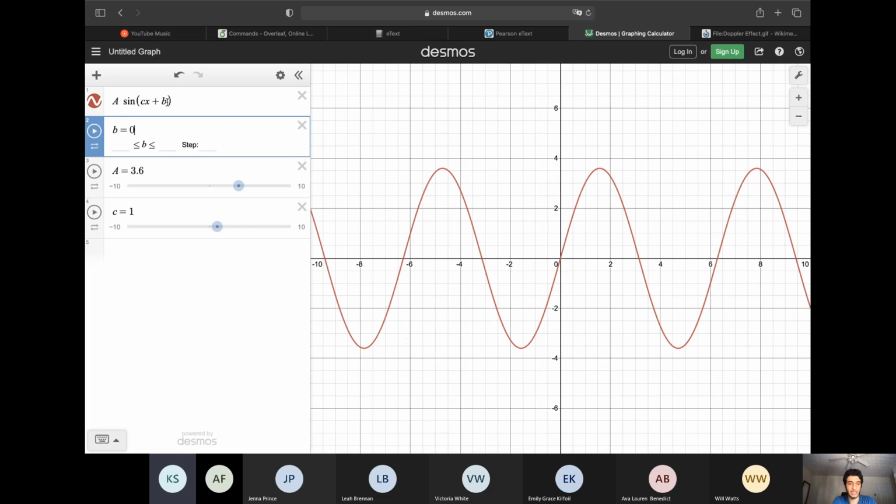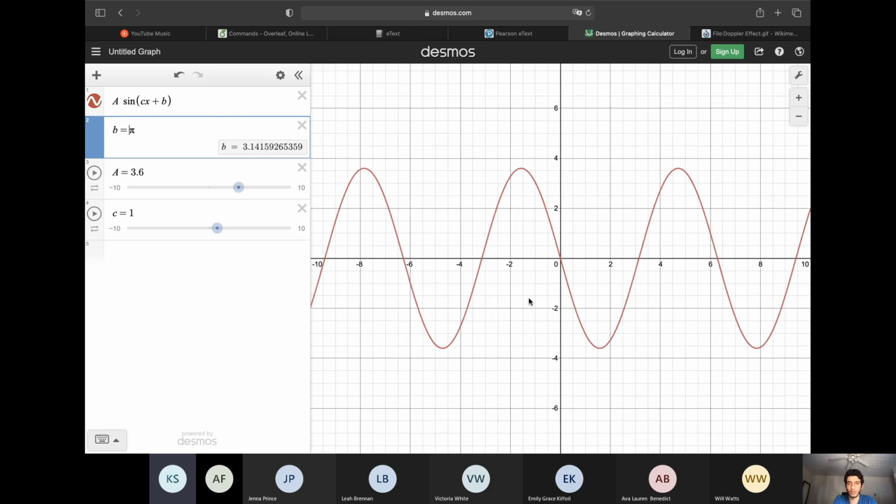A nice thing is that a wave repeats itself every 2 pi. So if here I have 2 pi, it looks exactly the same. It did not change. That means if I only look at 1 pi, it'll be halfway through the wave.